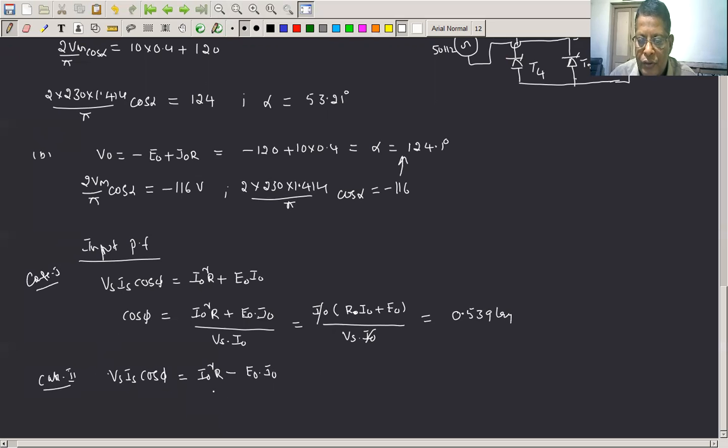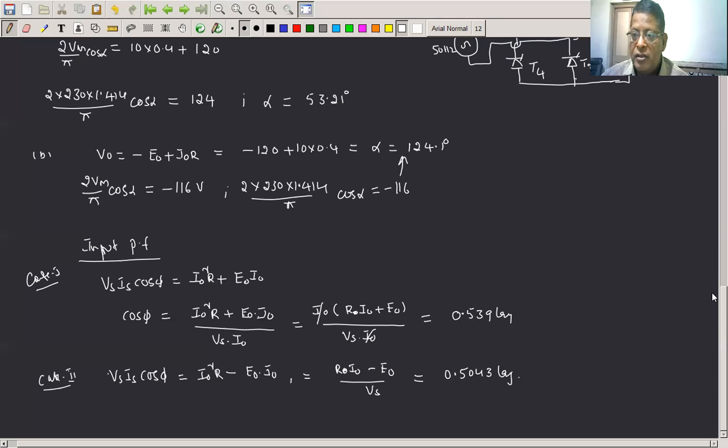If you substitute all the values and find the cos phi, we are getting R I naught minus E naught by Vs. If we substitute all the values, we are getting 0.5043 lagging. See, in this manner, you have to solve the problem.